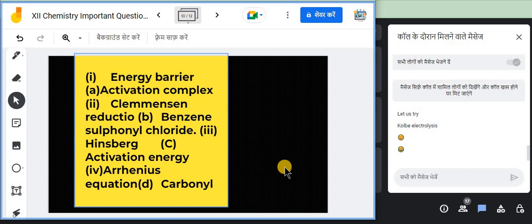Kolbe can produce alkane, Kolbe can produce alkene, Kolbe can produce alkyne. What about the carboxylic acid to alkane? What is the reagent used? Actually, it's not a name reaction, it's a reagent. Very important reaction. Very important means we should know.